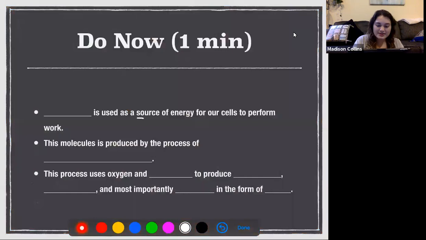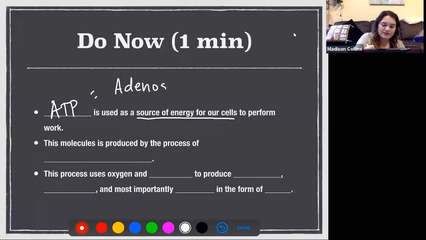Anytime we're talking about cellular energy, we're talking about ATP, which is adenosine triphosphate. This molecule is produced by the process of cellular respiration.